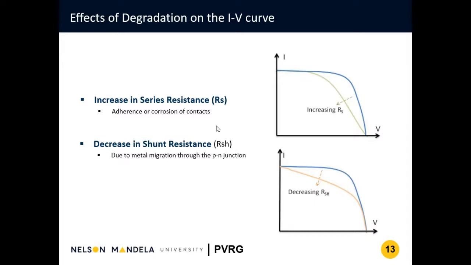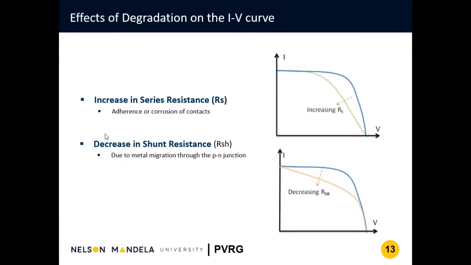So if you have an increase in series resistance in the module, for example, if there's a corrosion of contacts or an effect like that, you will see the IV curve move away from the knee, and you have a lower Pmax point because of this increasing series resistance.